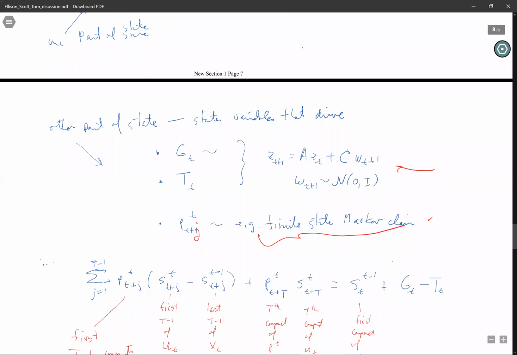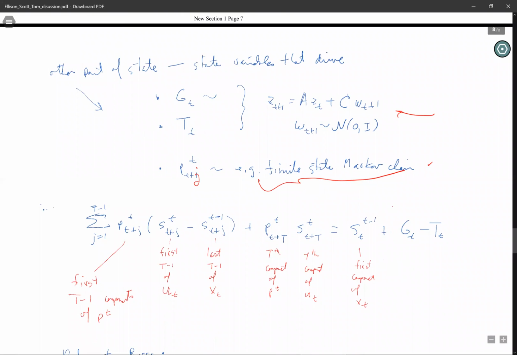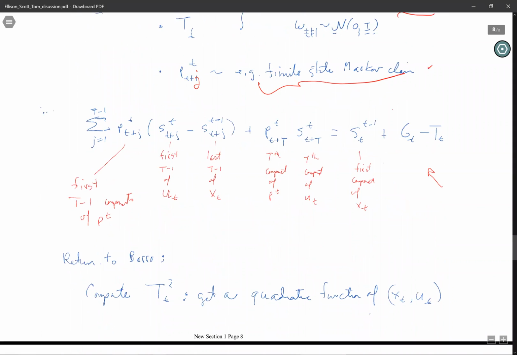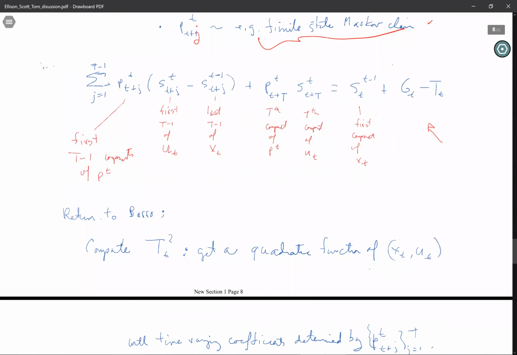The virtue of that is, if we now stare at this budget constraint, and then this little equation, you can see the elements of the state and control. If you stare at this equation and solve for Tt as a function of everything else on the right-hand side, well, if we return to the Barro philosophy, Tt squared is now a quadratic function of the states and controls.